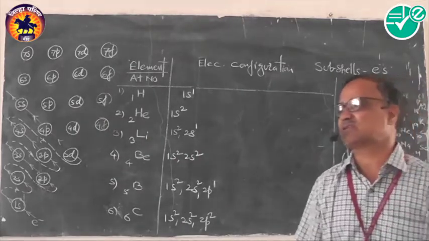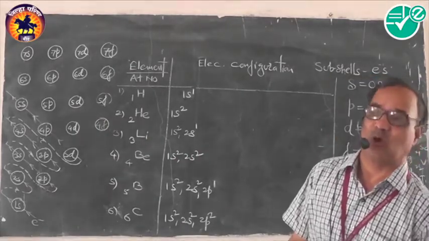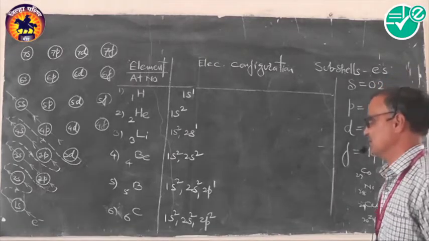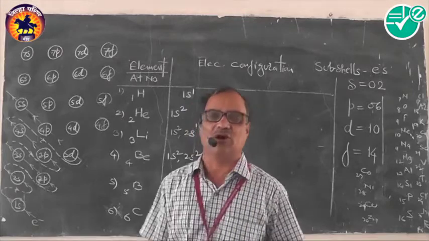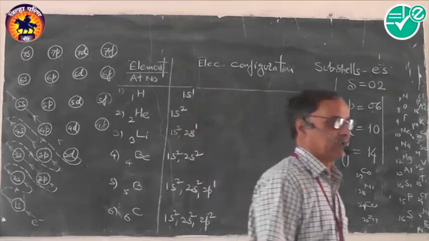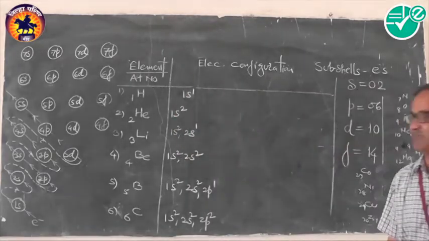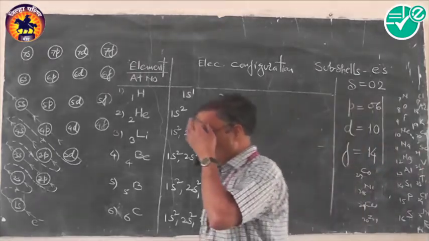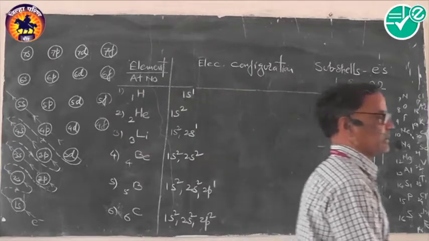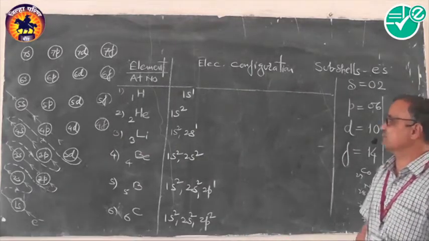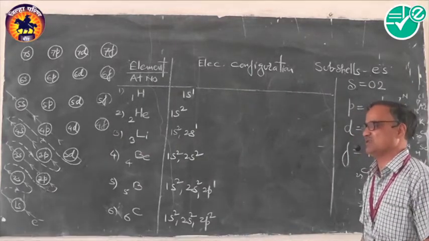Filling of electrons in the sub-energy levels, that is the respective orbitals, takes place on the basis of increasing energy of the orbitals or increasing energy of the sub-energy levels. To give the electronic configuration on the basis of the Aufbau principle, we know that Aufbau means building up.